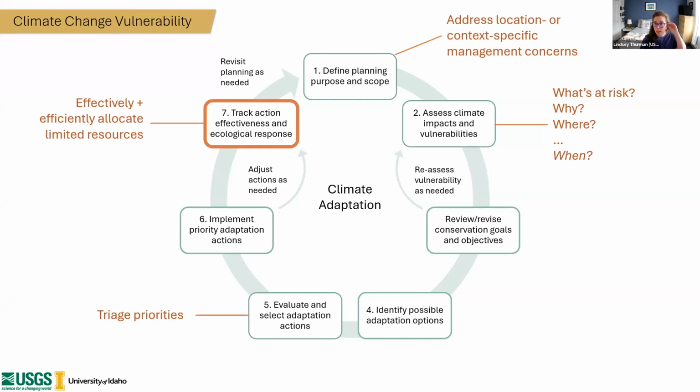So it hones in on the what, why, where, and when, and helps us to select and implement the most effective actions. And of course, through a learning and adaptive management cycle, we iterate this process and learn from these adaptation experiments. But there's just many ways. Essentially what I'm trying to show here is that there's many ways that vulnerability information can be leveraged in decision-making.